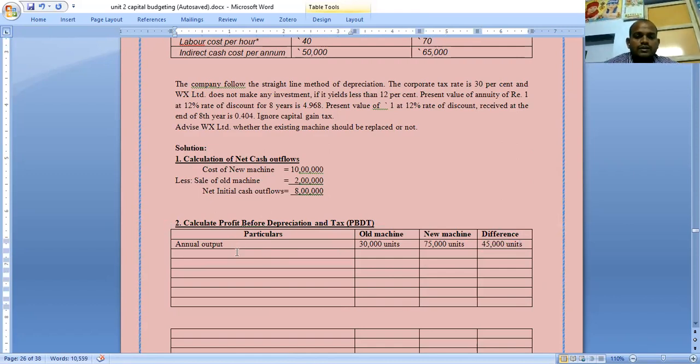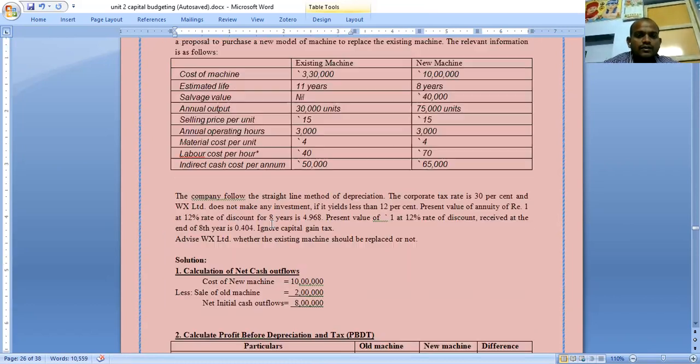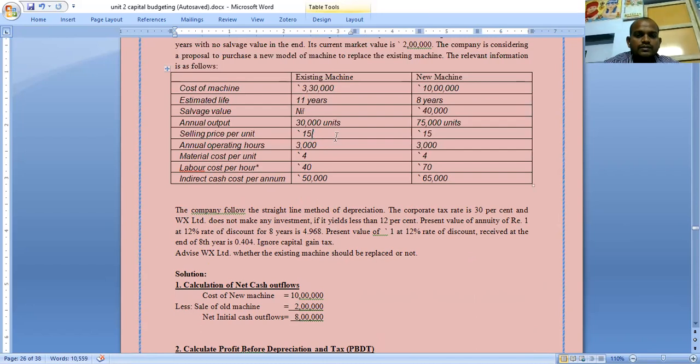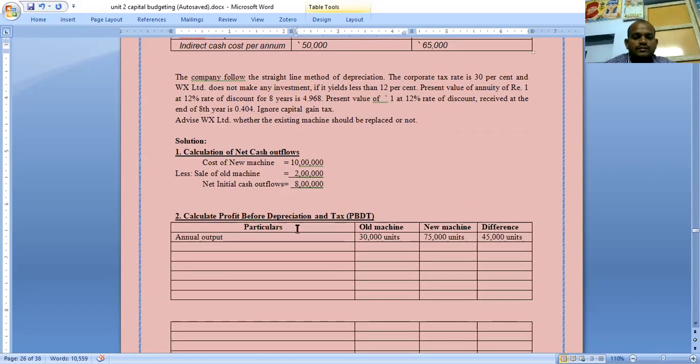Next one, sales per unit, that is 15 rupees in both cases. Sales per unit 15 into 30,000 and 15 into 75,000. So sales is 4,50,000 and 11,25,000. The difference is 6,75,000.